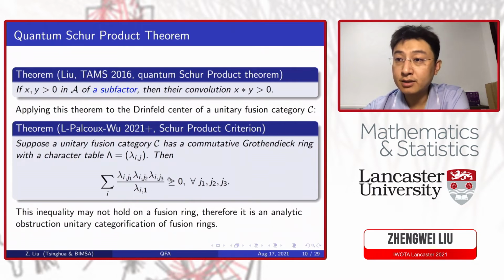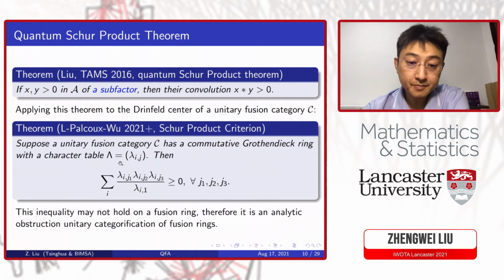And that's exactly the structure constant for the group case. And it's always a natural number. And here in the general setting, it's a quantum analog of the structure constant. And we can show it's always positive if it comes from this quantum symmetry, like the Grothendieck ring.